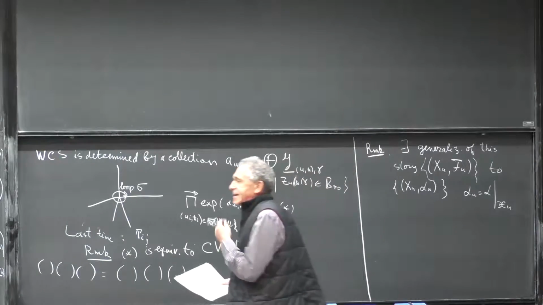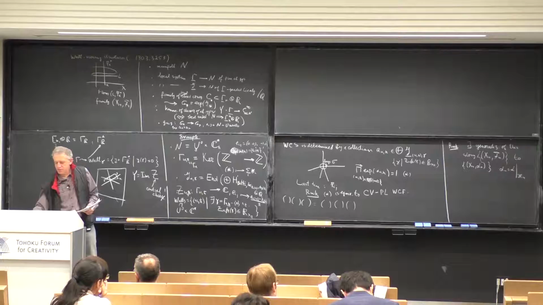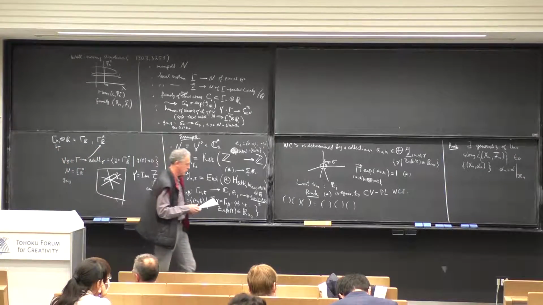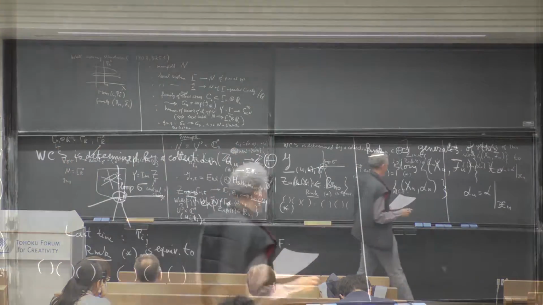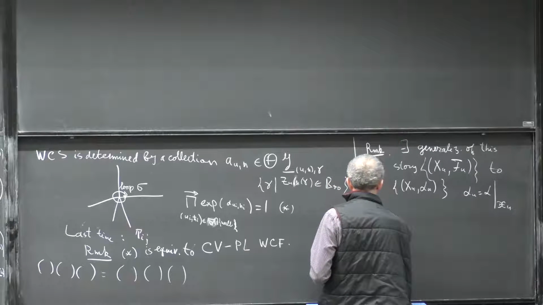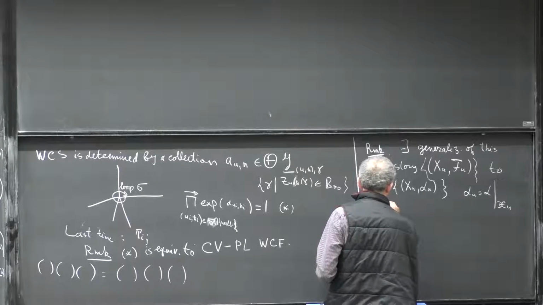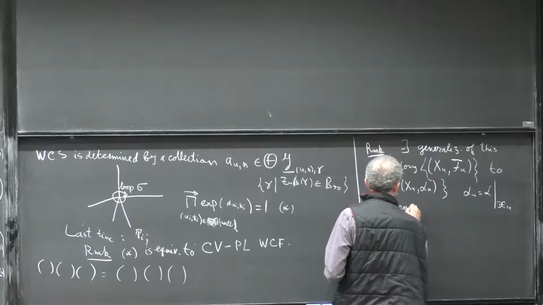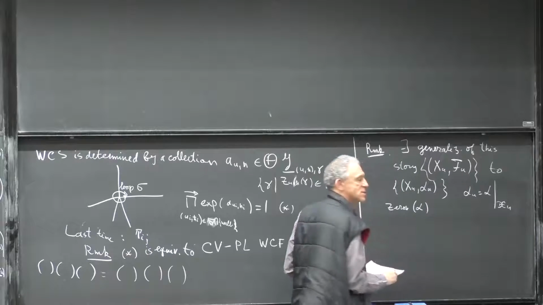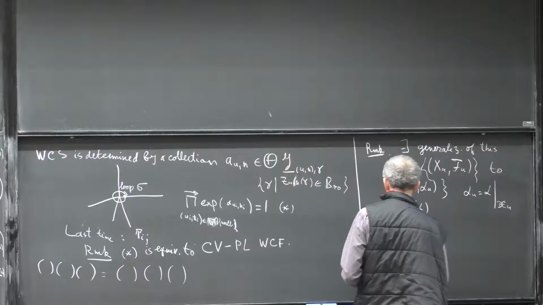There is a kind of new feature in terms of the wall crossing formula. So just some changes. Now we have zeros of the one form instead of just critical values.